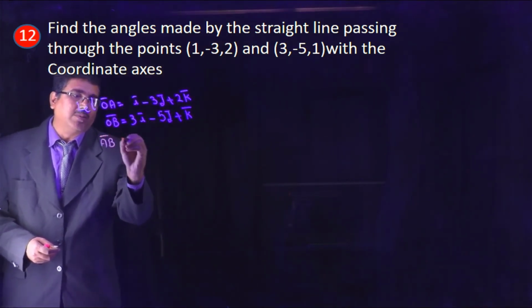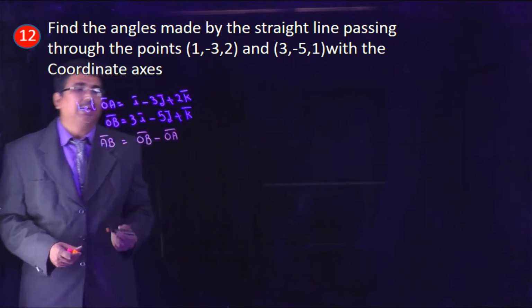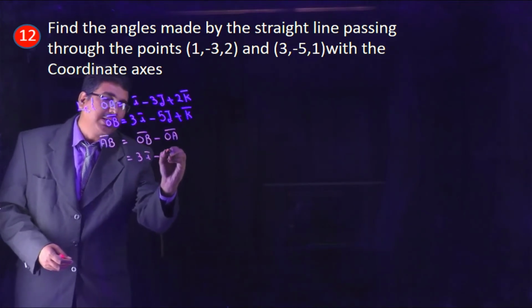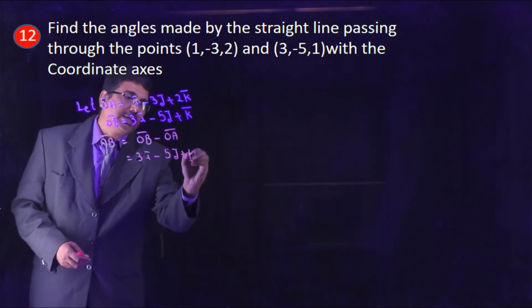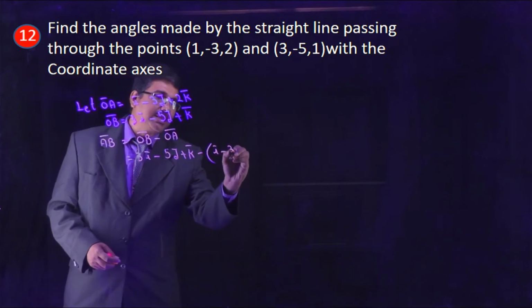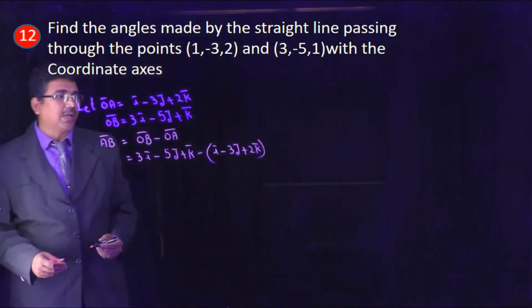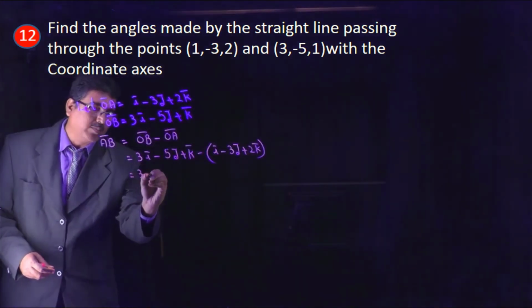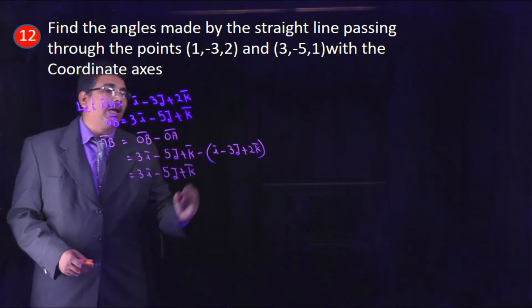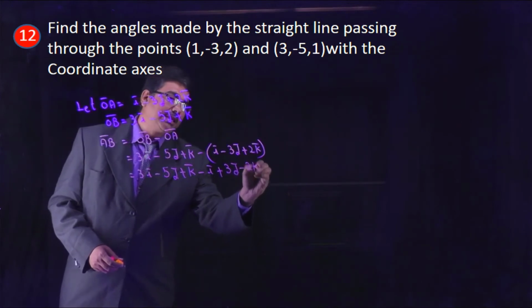The vector AB bar is equal to OB bar minus OA bar, that is 3i bar minus 5j bar plus k bar minus i bar plus 3j bar minus 2k bar.